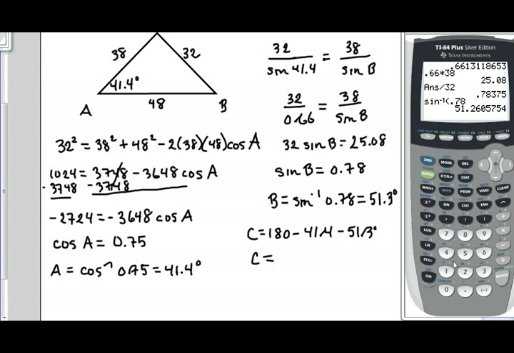So angle C will be 180 minus 41.4 minus 51.3, and we get that angle C is 87.3 degrees. Please excuse the little mishaps I had with the pen, but that is our solution.